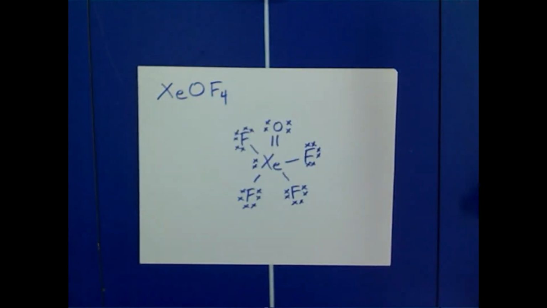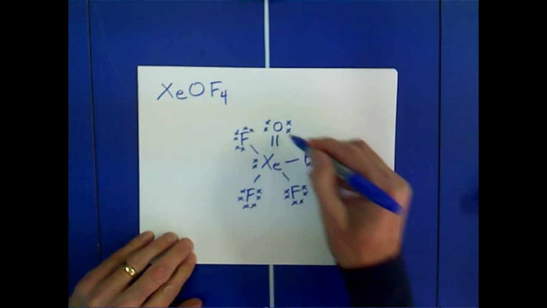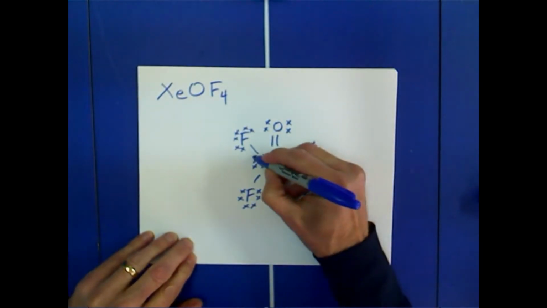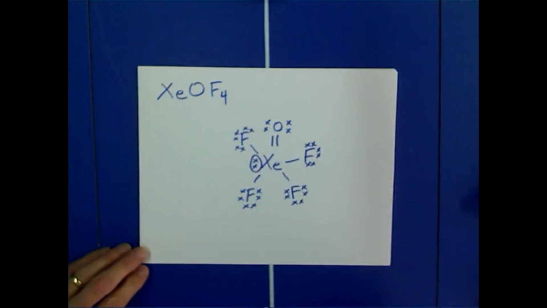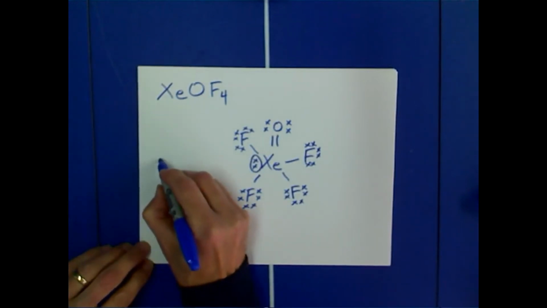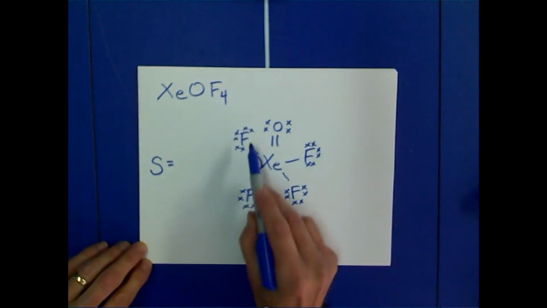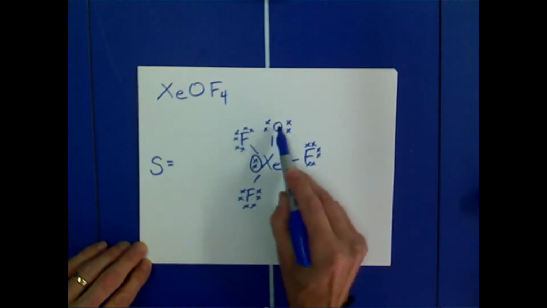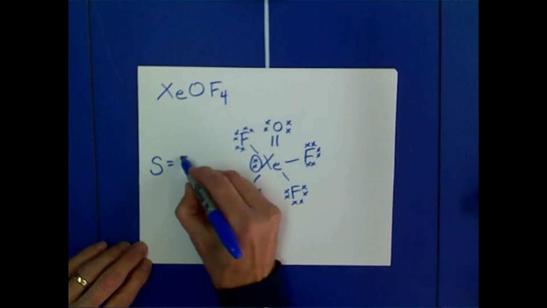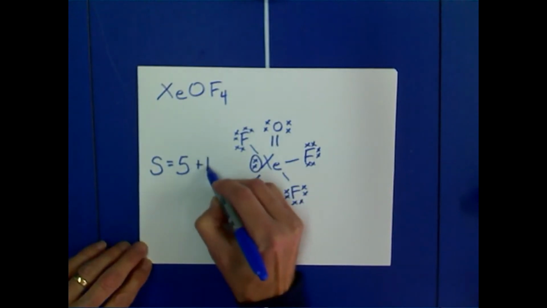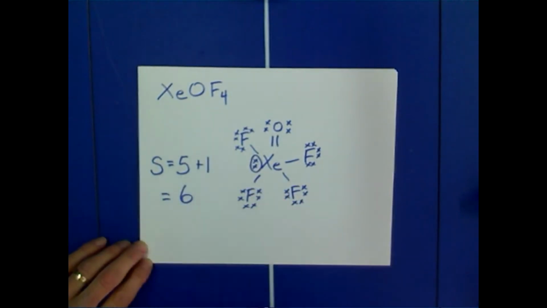We note that in addition to the atoms attached to the central xenon, there's also a lone pair. So if we were to calculate the steric number for xenon oxytetrafluoride, we're going to take the number of atoms attached, which is 1, 2, 3, 4, 5, and then we'll add in 1 for the lone pair. That's a steric number of 6.